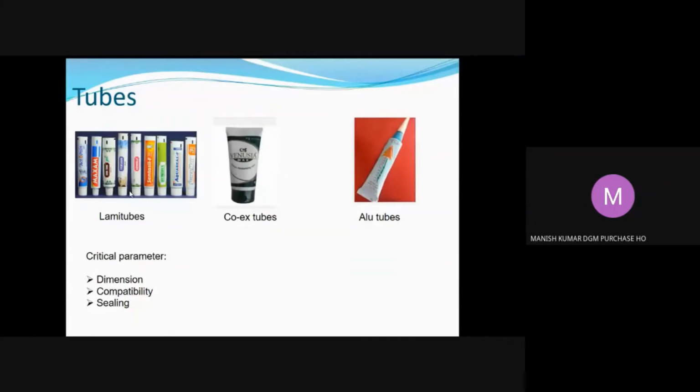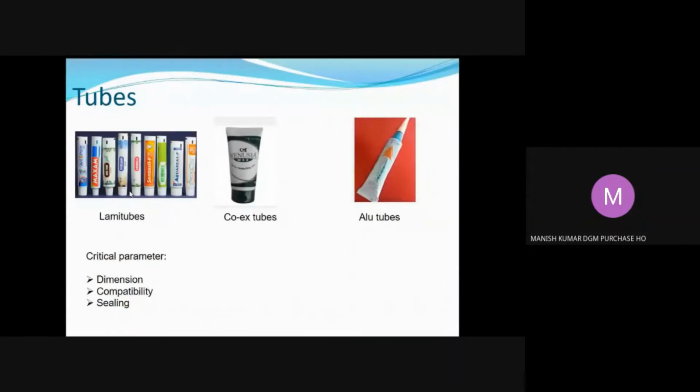Another form of primary packaging is tubes. Normally in the pharma industry, we use all three types of tubes: laminated tubes, co-extruded tubes, and aluminum tubes. Normally, maximum use is of laminated tubes. In earlier days we were using aluminum tubes also, but most products have shifted to laminated tubes.